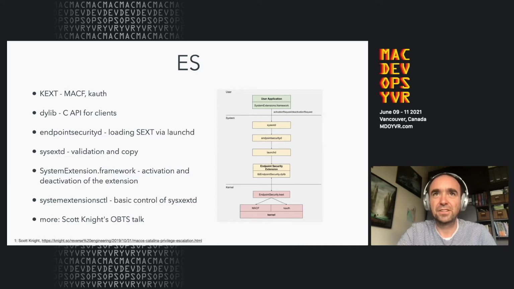So it will be moved into Library/SystemExtensions. And then finally, we have the System Extension framework, which we can use from our main application to activate or deactivate the extension. And there is a CLI tool, systemextensionsctl, which allows some basic control of sysextd to load or remove some of the system extensions.